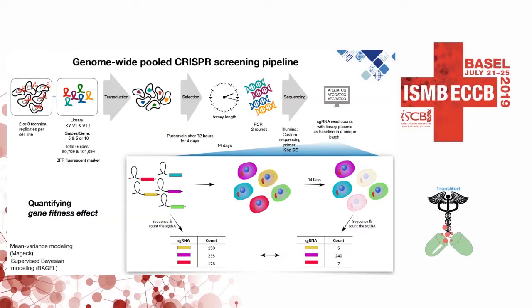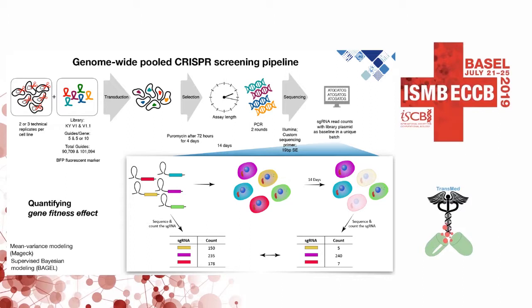So just to give you an idea of the experimental pipeline, the cell lines were engineered to constitutively and stably express the Cas9 enzyme, and then we transfected a library of more than 100,000 single-guide RNAs. On average, we transfected 5 single-guide RNAs per gene, and following selection, the cell lines were grown for 14 days, after which we harvested the DNA, amplified the target sequences of the single-guide RNAs, and derived single-guide RNA counts.